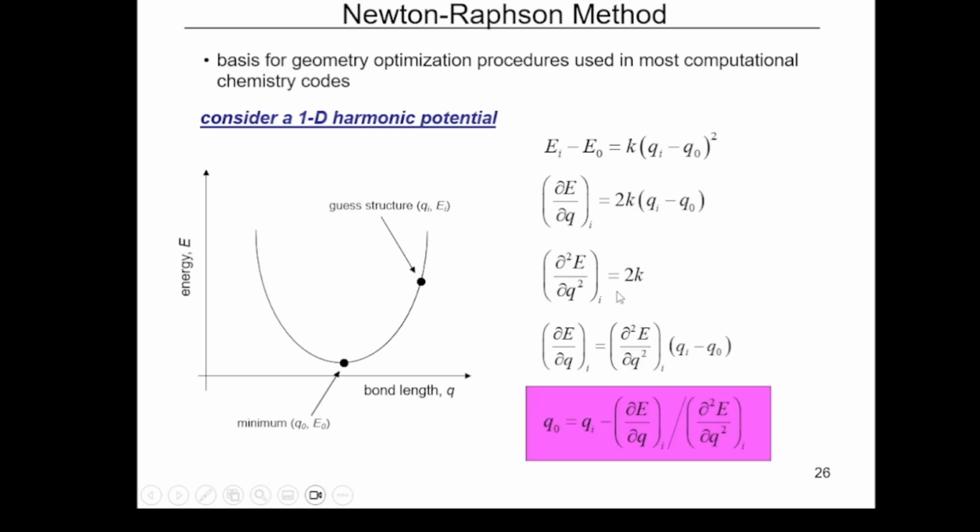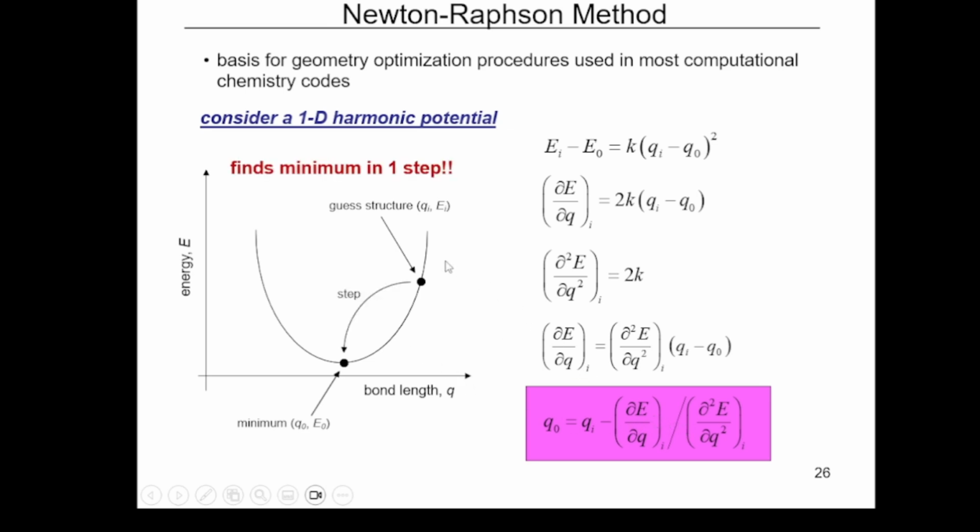And now, if you rearrange the equation and substitute the value of 2k inside this equation, you can ultimately get q naught is equal to qi minus first derivative divided by second derivative.